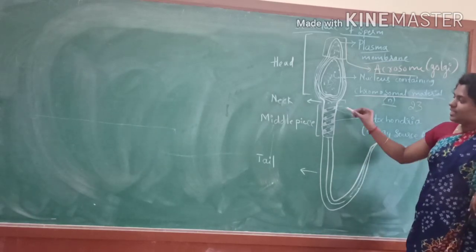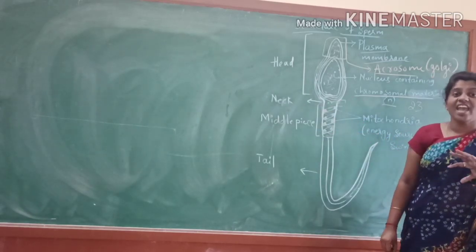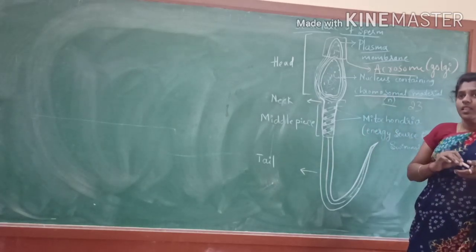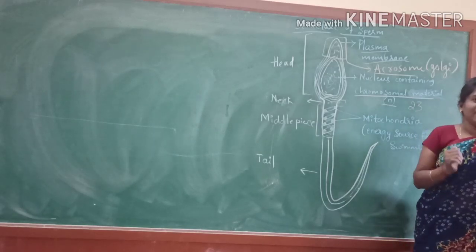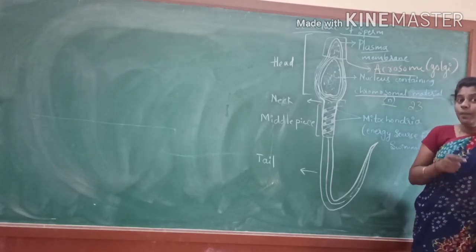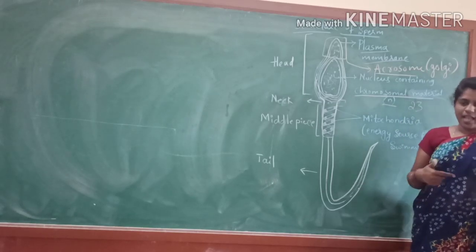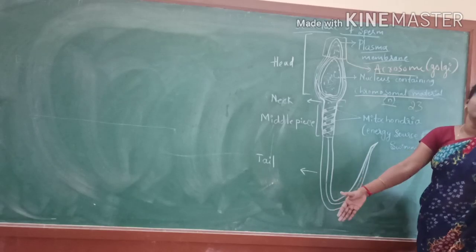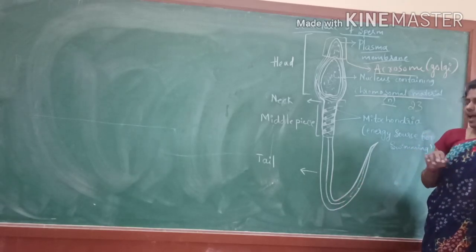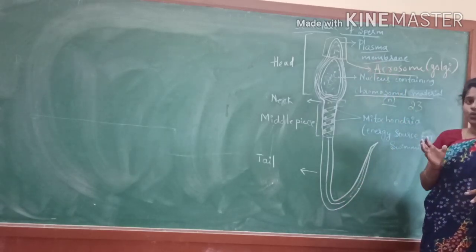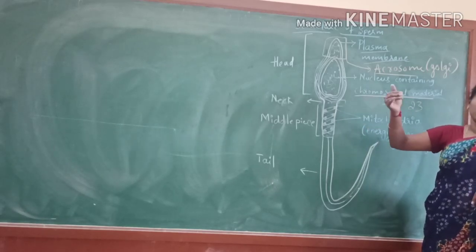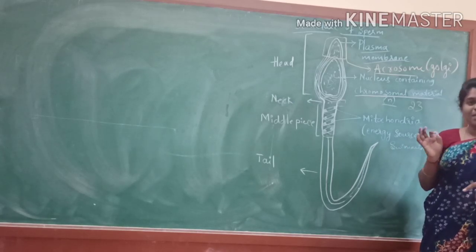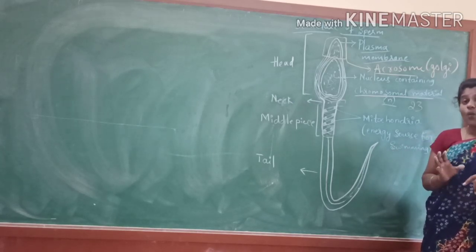After that, the middle piece is the main energy-providing part of the sperm, which is motile in nature. How does it move? Because of energy. Just as I walk this way after I get energy, the sperm has to move to reach the female gamete, and this requires energy.